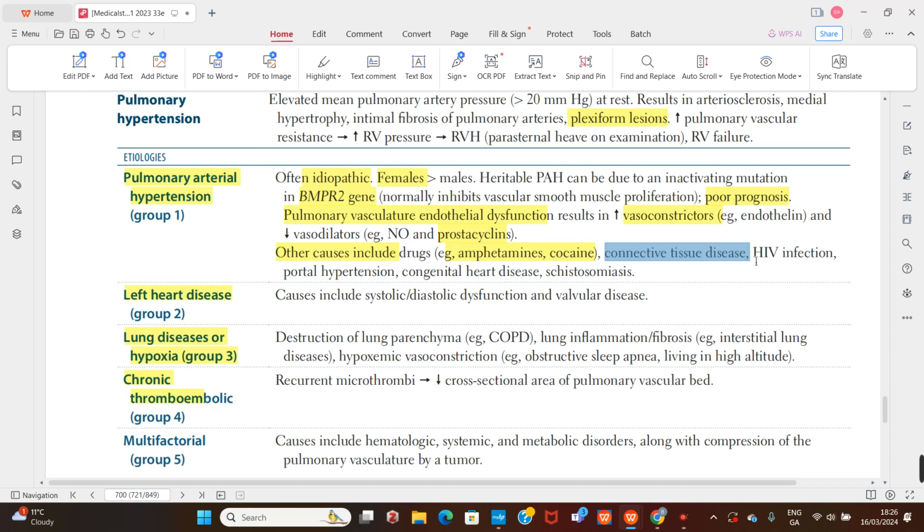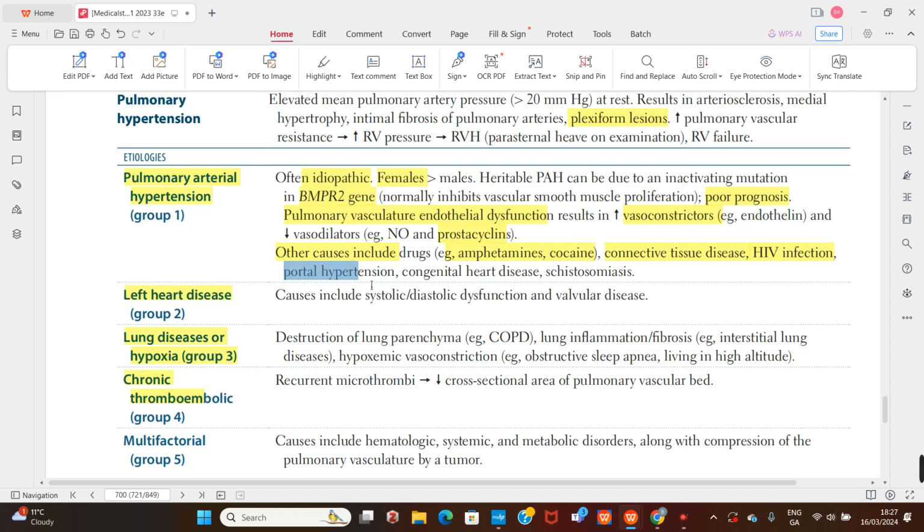Connective tissue disease like scleroderma, which is associated with fibrosis, collagen deposition everywhere, can deposit collagen within the pulmonary arterial vasculature, leading to narrowing and hypertension. HIV: studies have shown that immune dysregulation in HIV might provoke some inflammatory response within the pulmonary vessels, leading to thickening of the vessels.